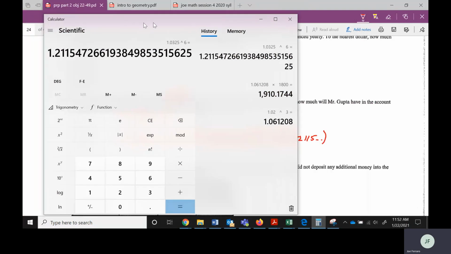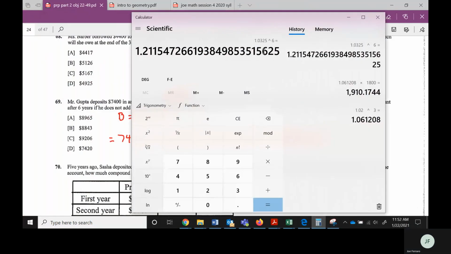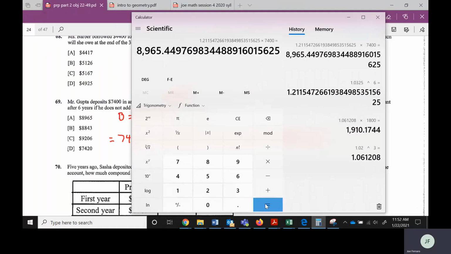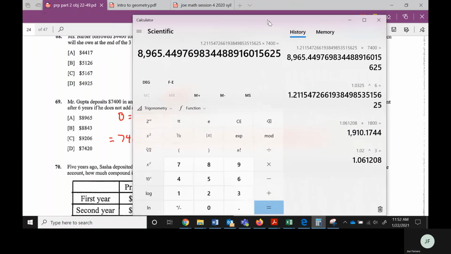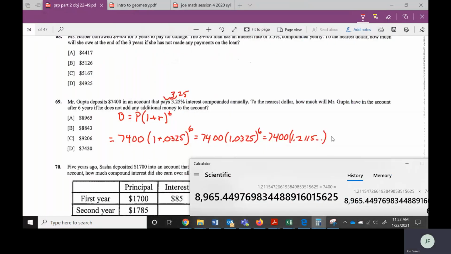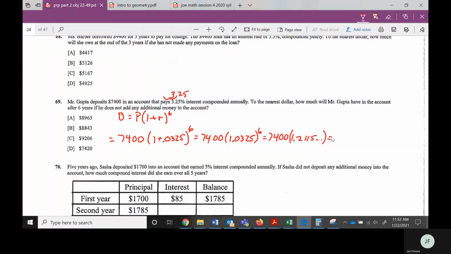Now the key here is don't erase that in your calculator. If you got that in your calculator, leave it there, and now you're going to hit times your principal, 7,400, equals. It's going to be $8,965.449 something.